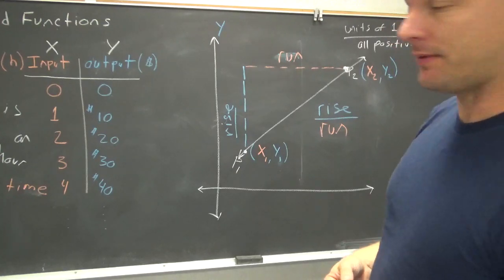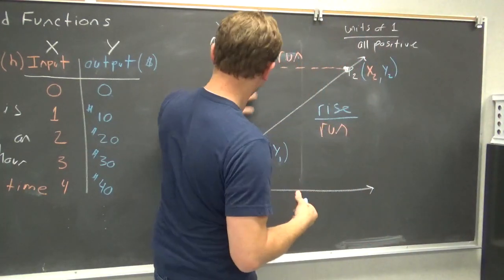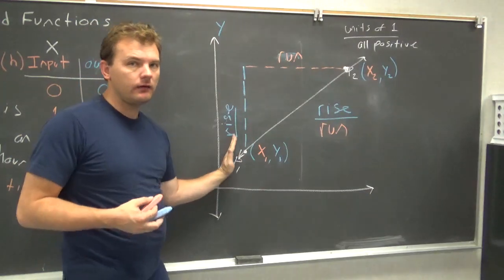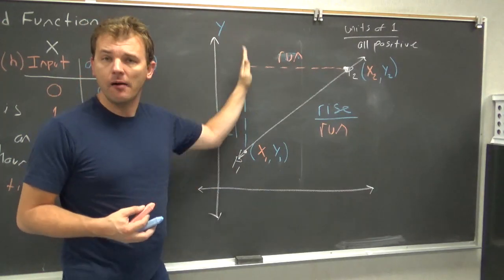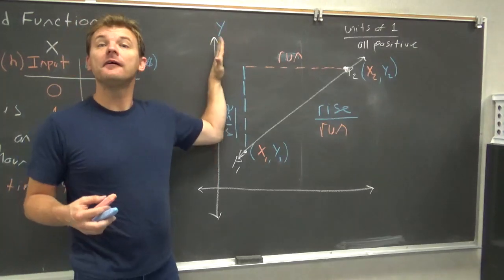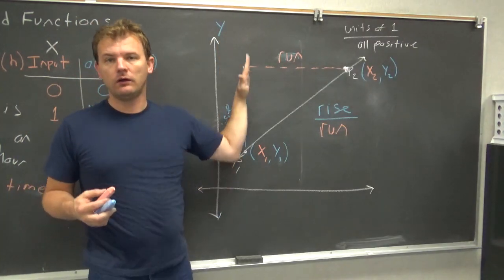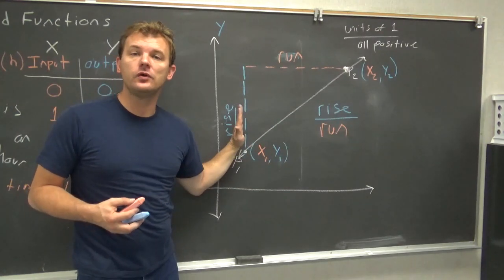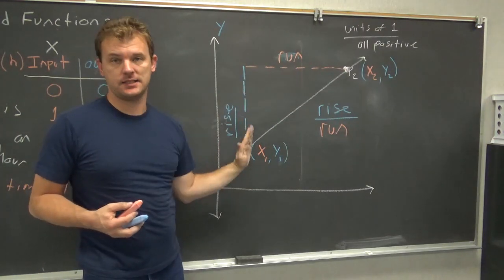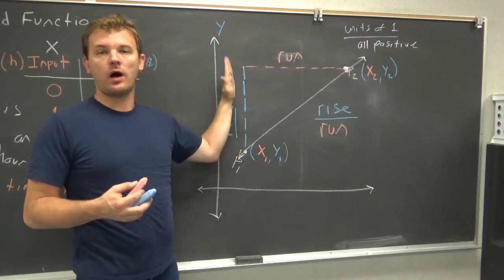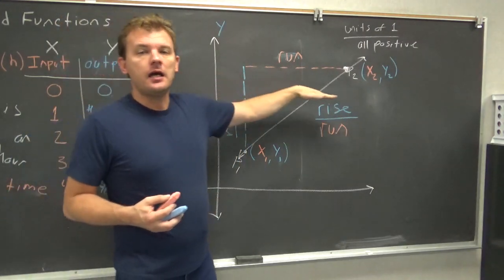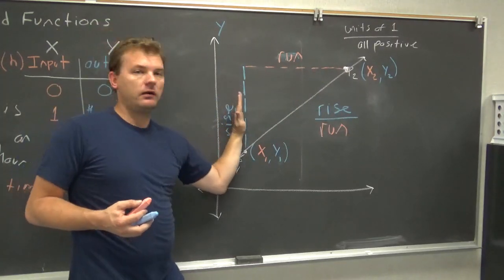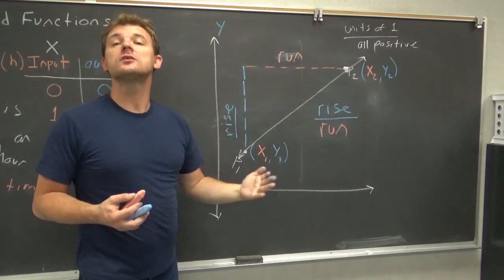Well, let me ask you something. When I rise, what way am I going? I'm going up, in a vertical fashion. So I'm only using what? I'm only using the y's. I'm not using the x's. X's are going this way, but I'm going this way, so I'm only using the y's.